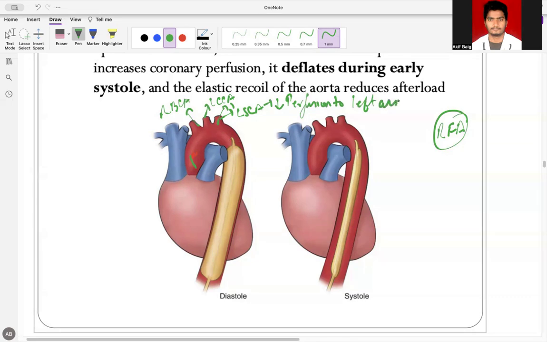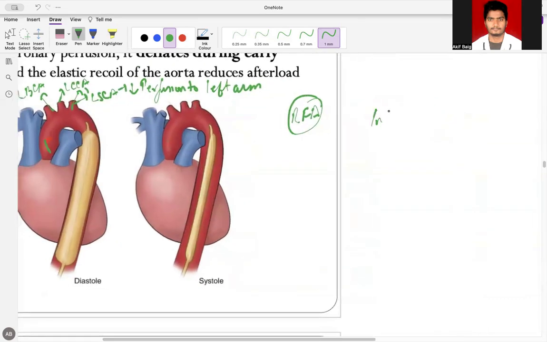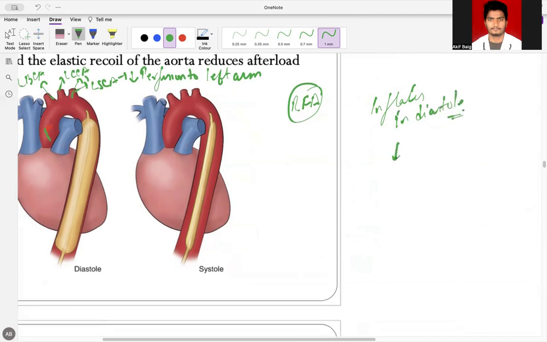So how does IABP work? It inflates during diastole. As we all know, coronary perfusion is maintained during diastole.